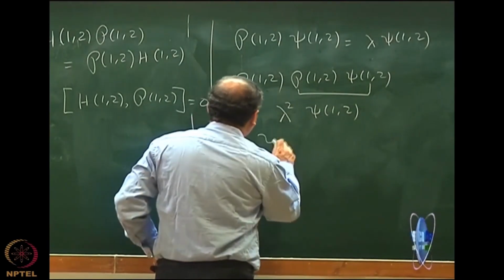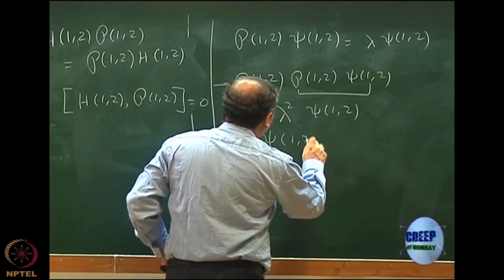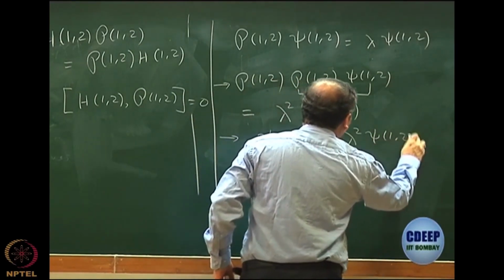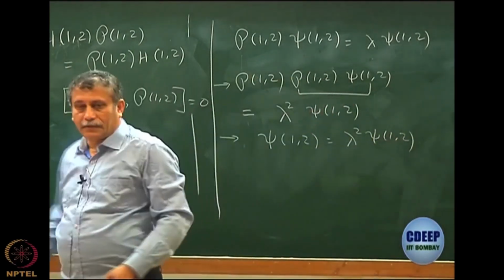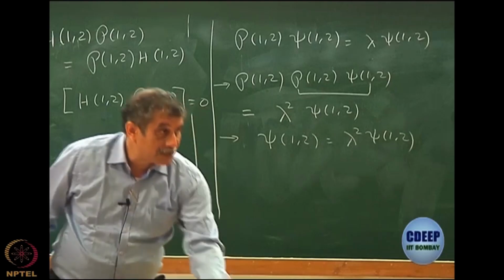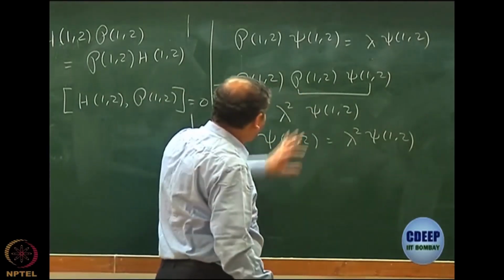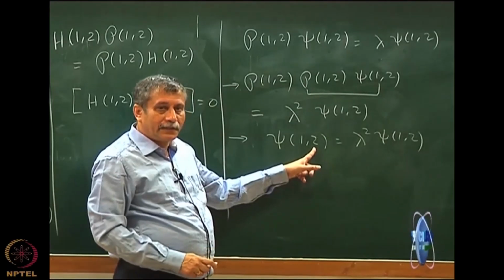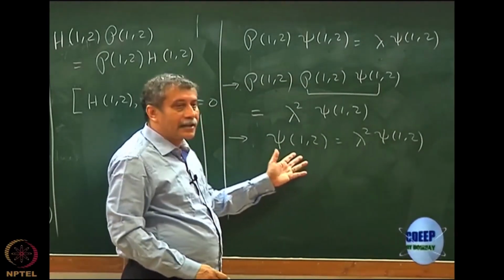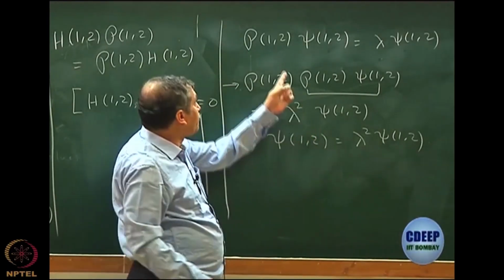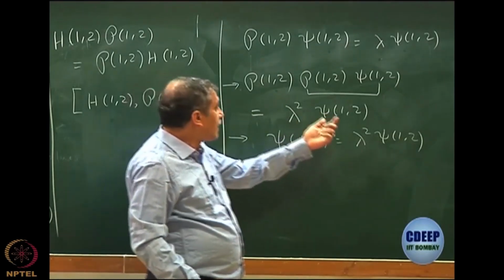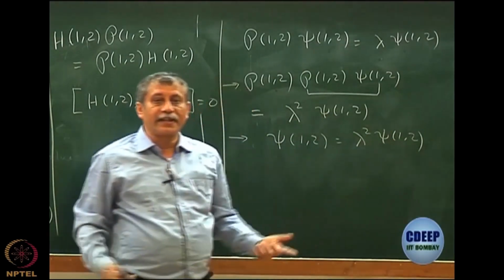So, if you analyze this, the left hand side is equal to psi12 itself, and the right hand side is lambda square psi12. So, trivially I get a result that for all eigenfunctions of the permutation operator, the eigenfunction equals the eigenvalue square times the eigenfunction again.